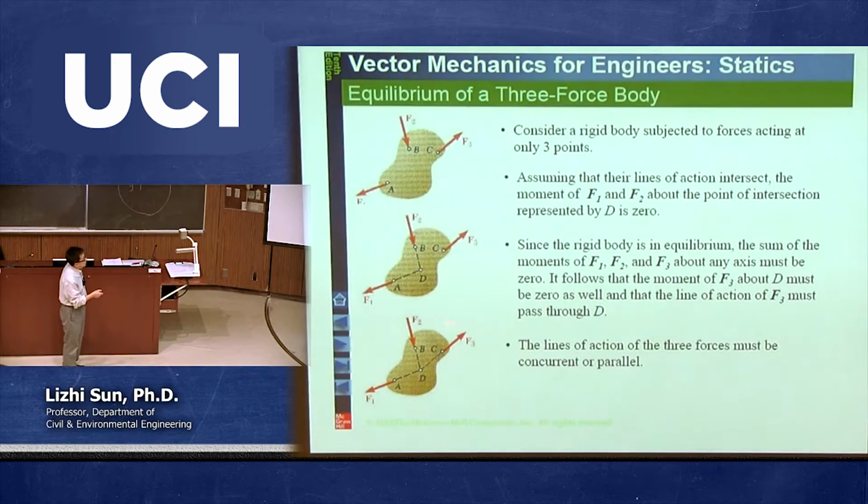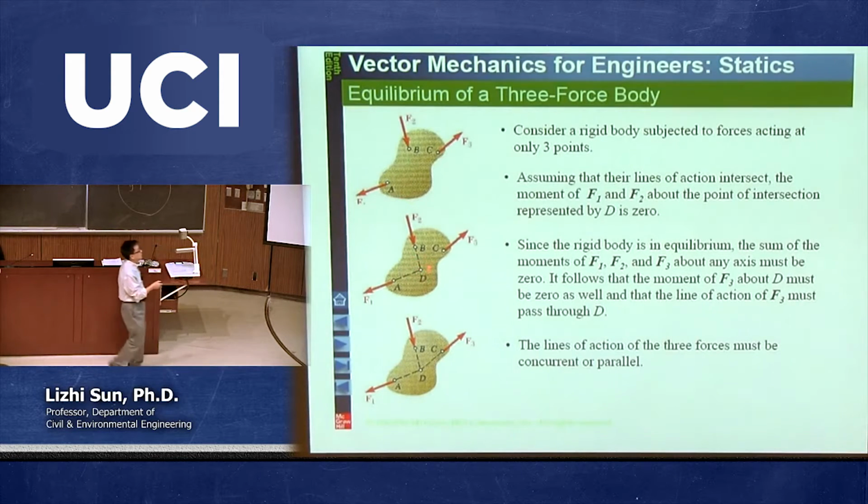And the reason we have this conclusion is also very easy to demonstrate because, first of all, when you are collecting this point D based on these two force lines, then you take a moment of all forces at this point D. And that's going to end up the same thing, because F1 is passing through this point, then there's no moment.